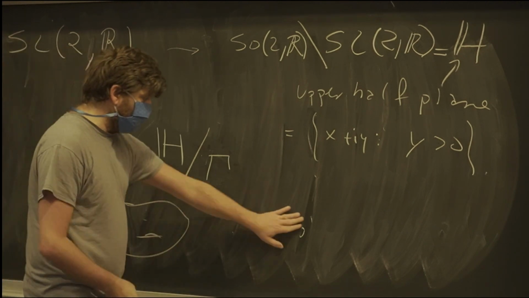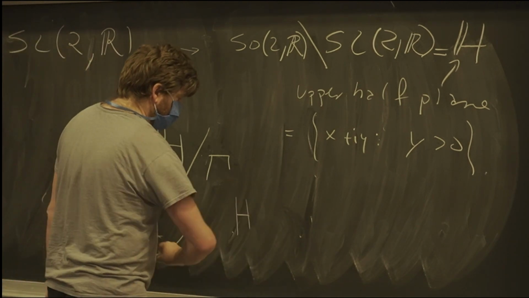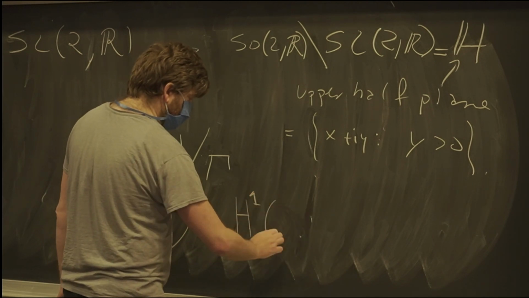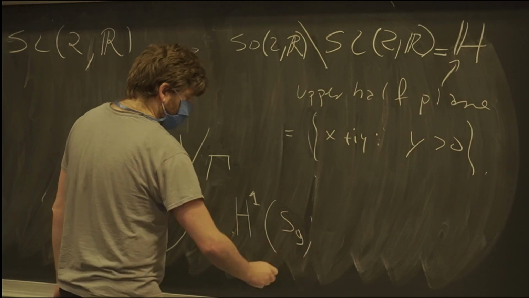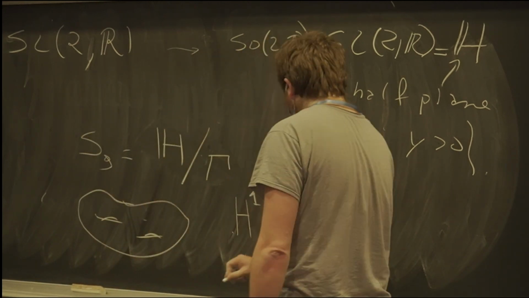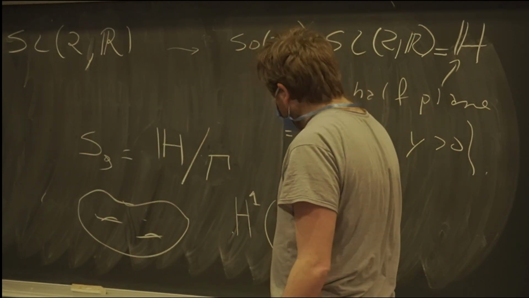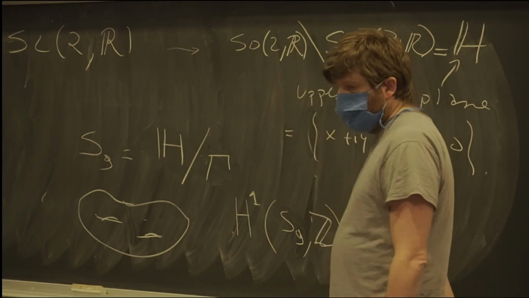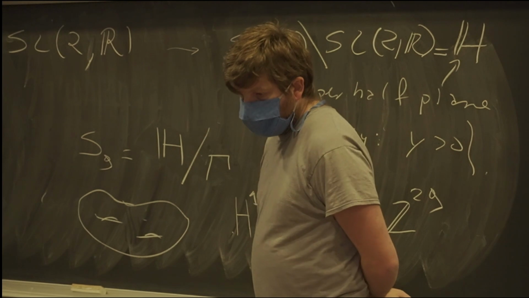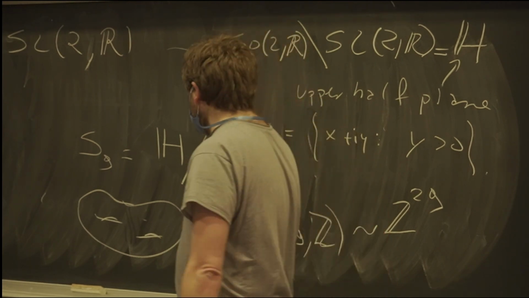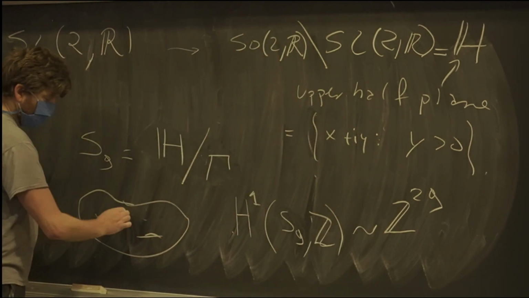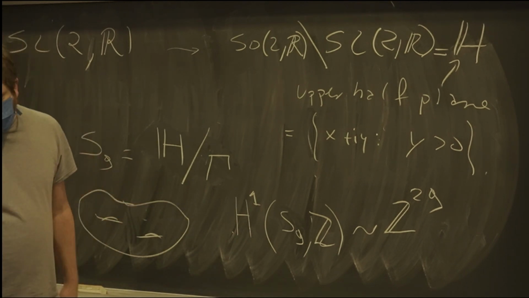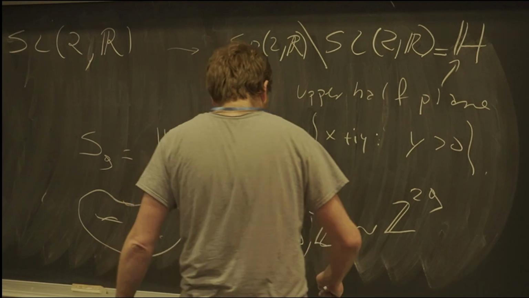And we know that the H1, the cohomology with coefficients in Z of this guy has two expressions. One is that it's isomorphic to Z^{2g}, and that can be computed quite explicitly, knowing the pi1 of the guy, and actually that's what I should do, but let me not do it.